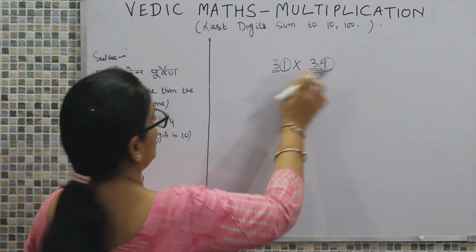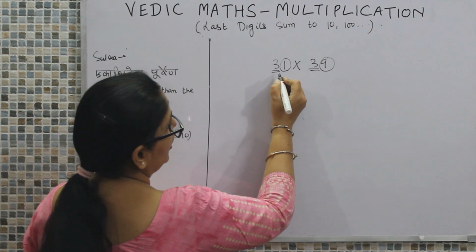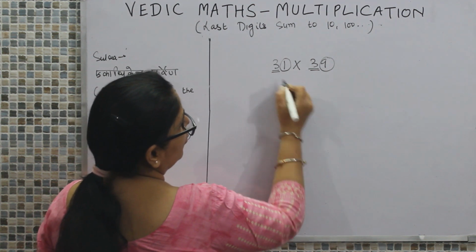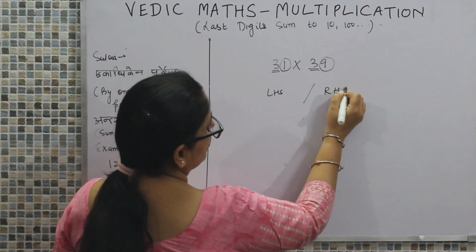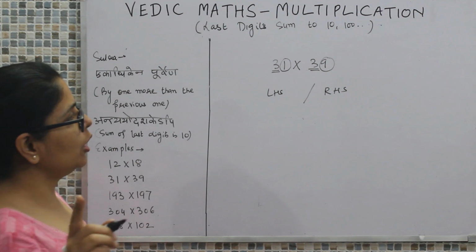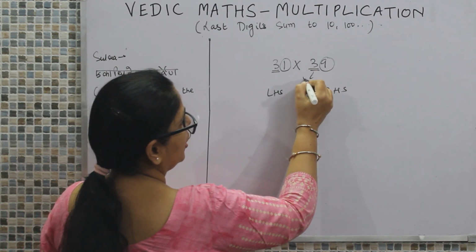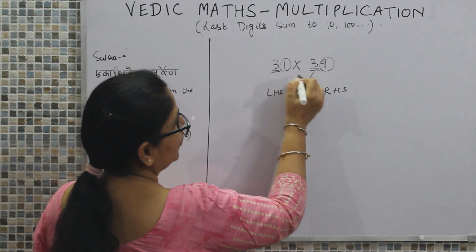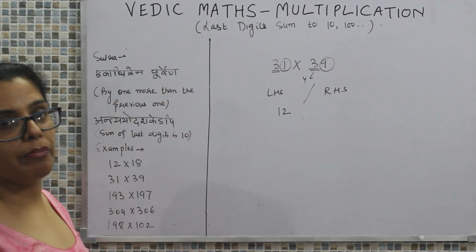So here we can use the sutra. What we need to do is split into LHS and RHS. Now using Ekadhikena Purvena, which says exceeded by 1, so 3 into 4, that is 12.